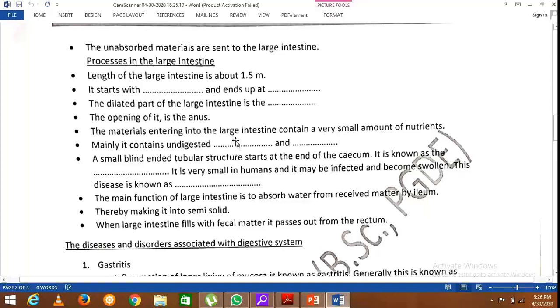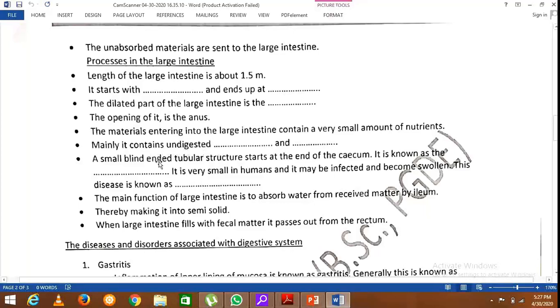Once we say undigested materials, the main undigested material is cellulose. So you know, cellulose is available in food containing a lot of fiber. You have heard that when there is more fiber in our diet, what we call as dietary fiber, it facilitates the removal of fecal matter, avoiding constipation.